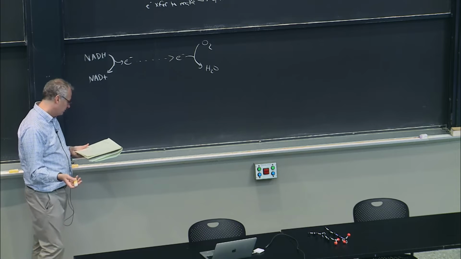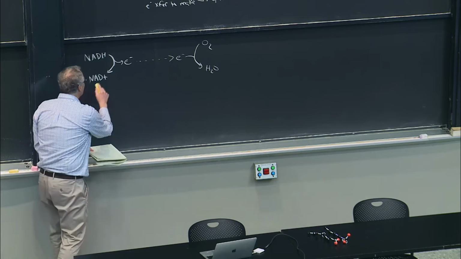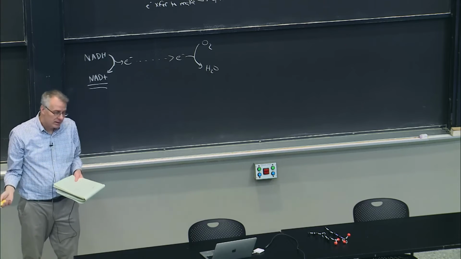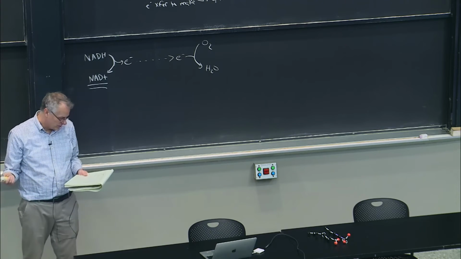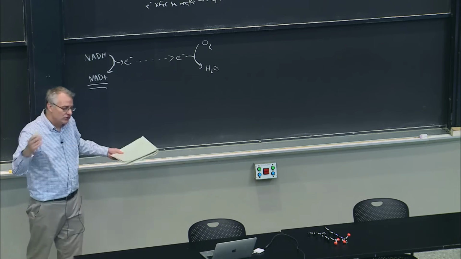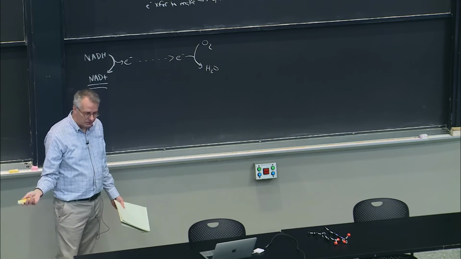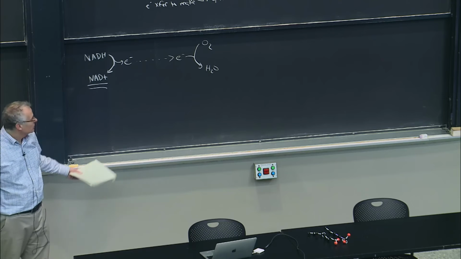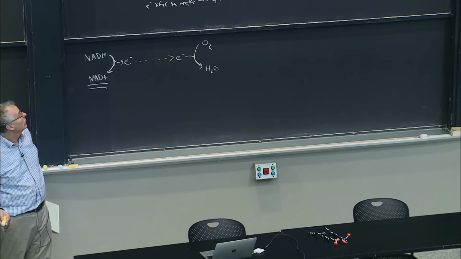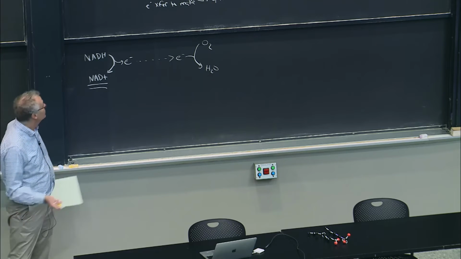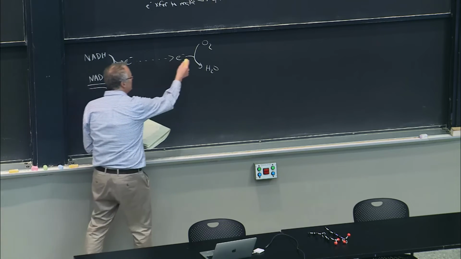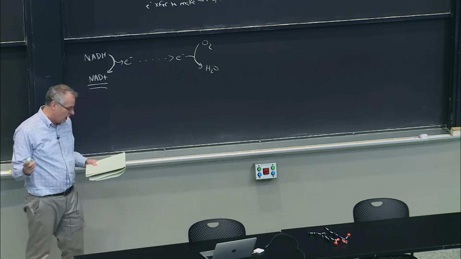Now, you'll note that in doing this, we now regenerate the oxidized cofactor, NAD+, and so that solves our electron balance problem for glycolysis, solves any electron balance problem that would exist for fatty acid oxidation or the TCA cycle in the mitochondria, because ultimately those electrons are being given to oxygen.